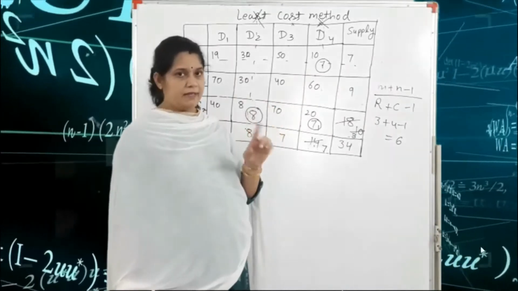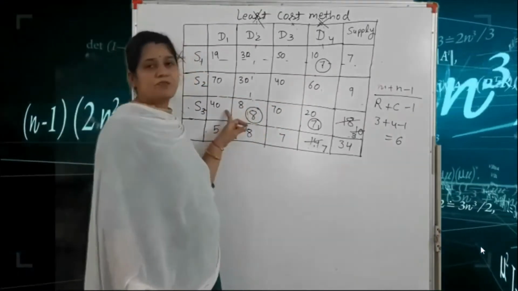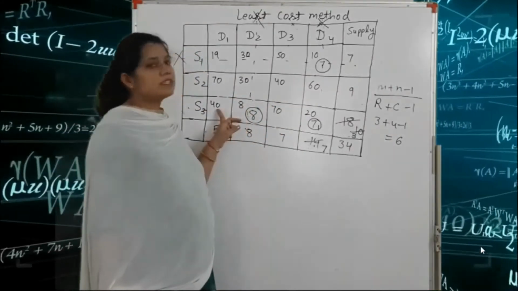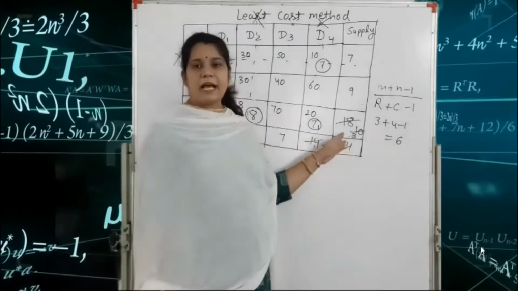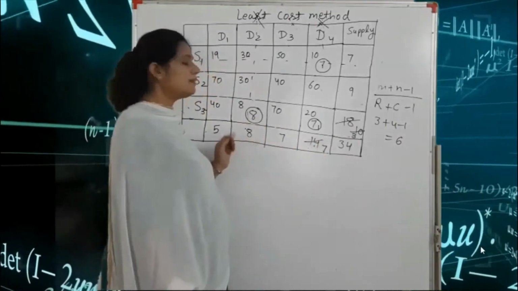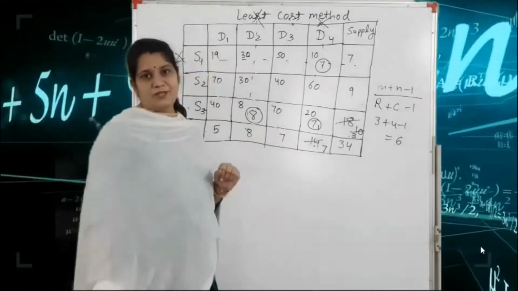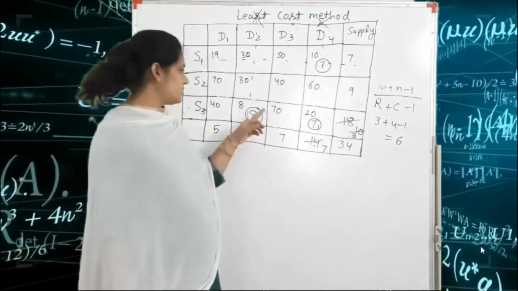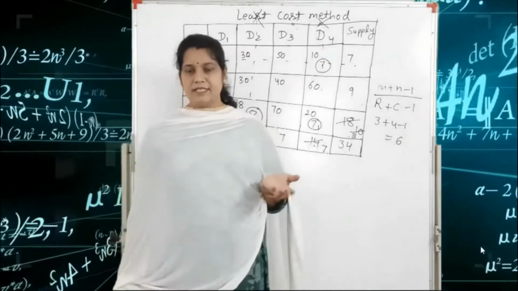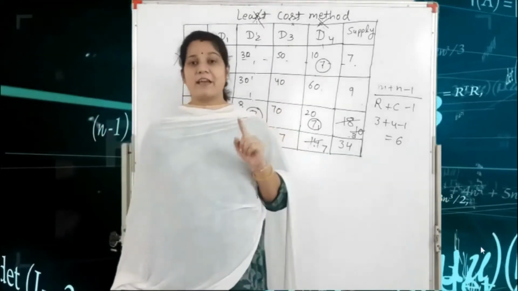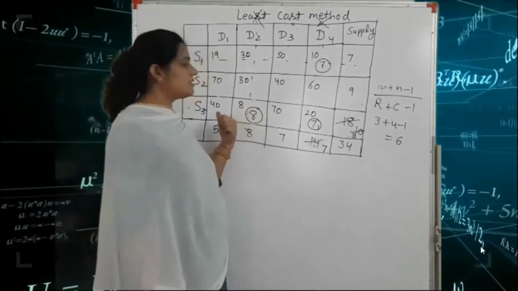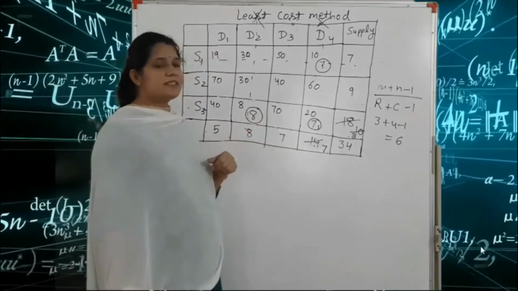Okay, keep in mind, if we choose this other 40, our supply is 3 and the demand is 5. So the allocation number is 3. That means if we consider this 40, the allocation number is 7, and if we consider this 40, the allocation number is 3.